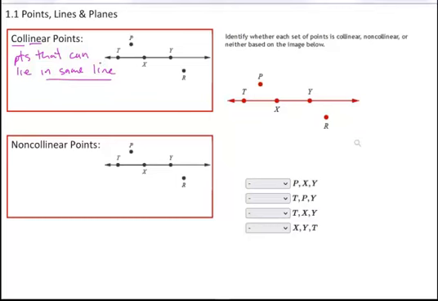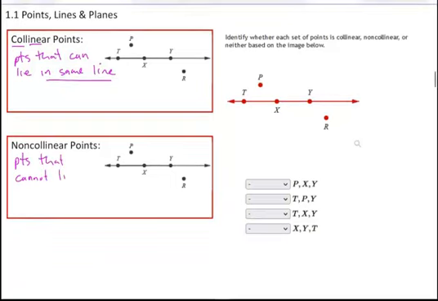So if points are located in the same line, they are collinear points. If not, then they're called non-collinear.